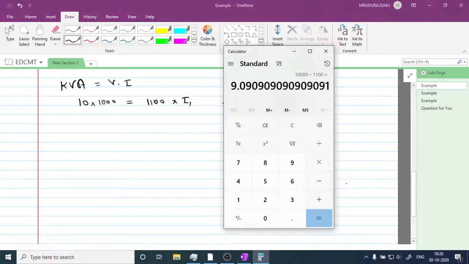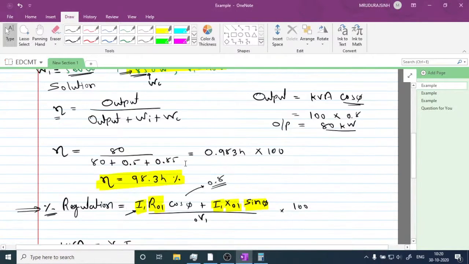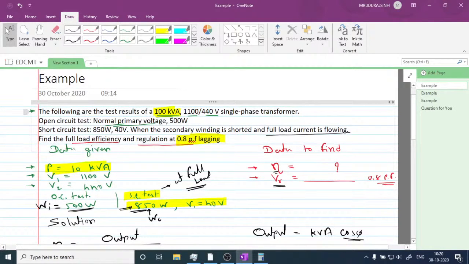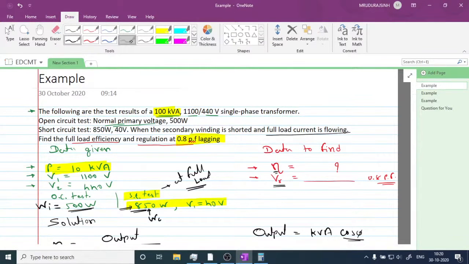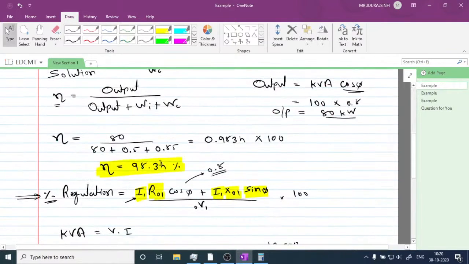It's 9.09, right? I'm sorry, it's 100 kVA and I have mentioned over here only 10 kVA. That's a mistake, it's 100 kVA.